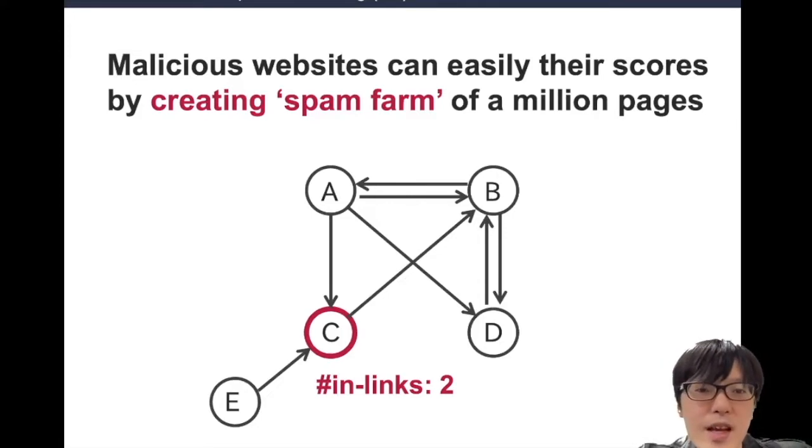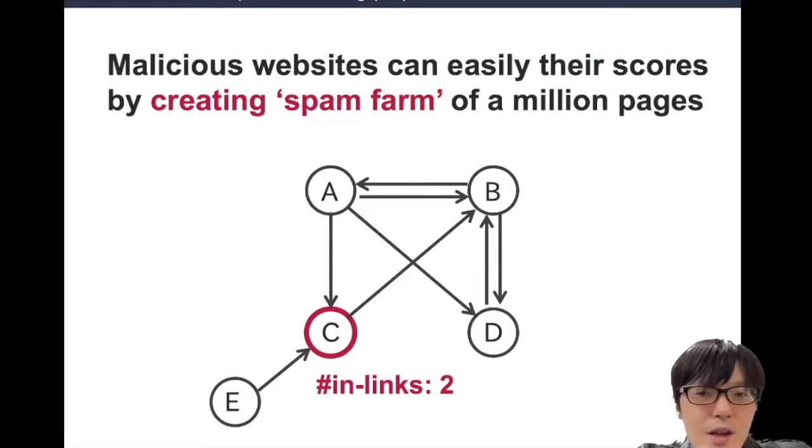Such malicious websites can intentionally increase their importance scores. Let's assume that we are the web page owner of page C here. On this figure, if we apply the simple majority voting method to evaluate the web page importance, page C importance is 2.